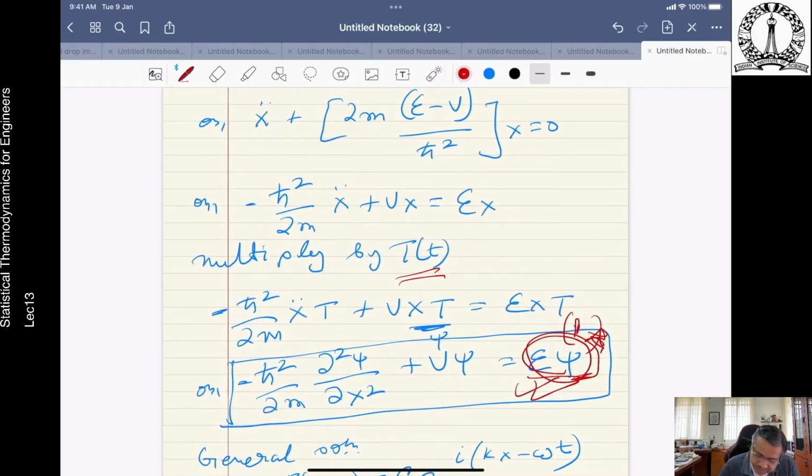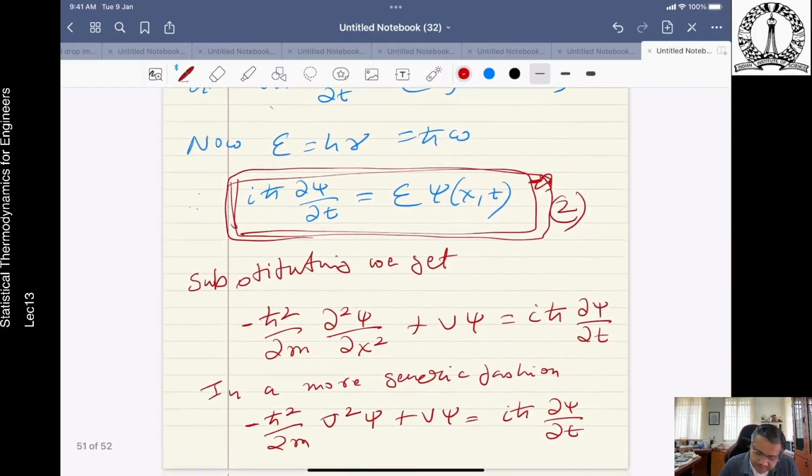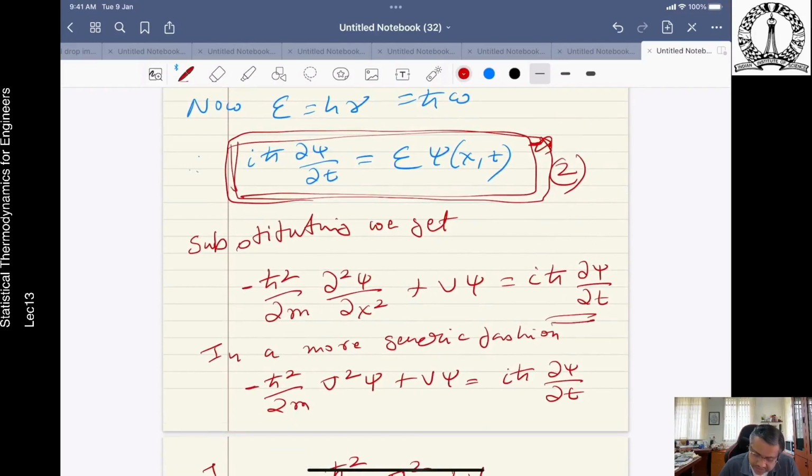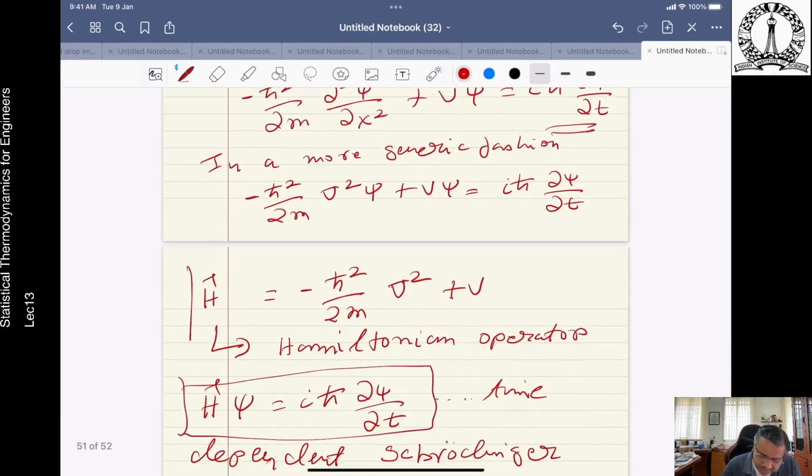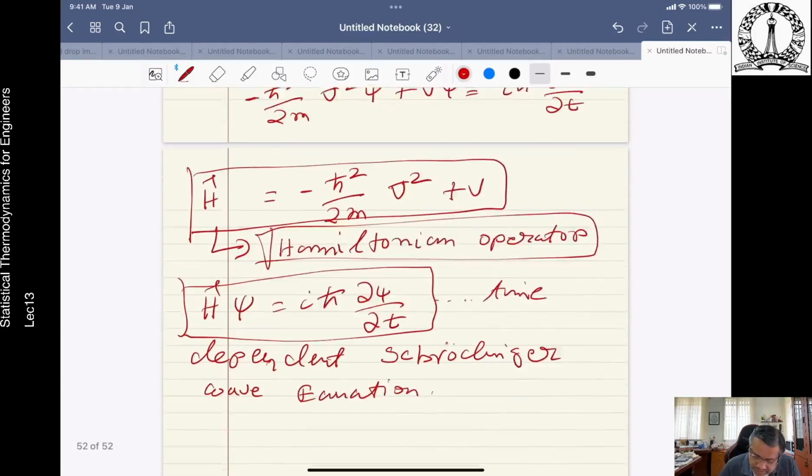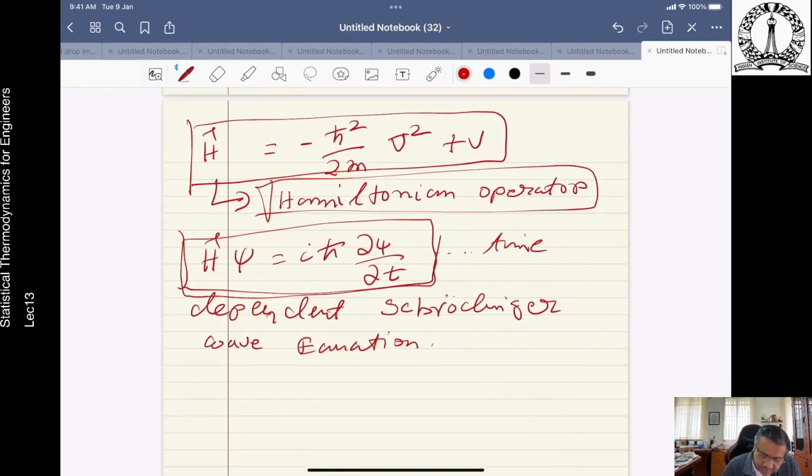Therefore we get this. Now let us consider this as the Hamiltonian operator, which gives the final form of the equation, the time-dependent Schrodinger's wave equation.